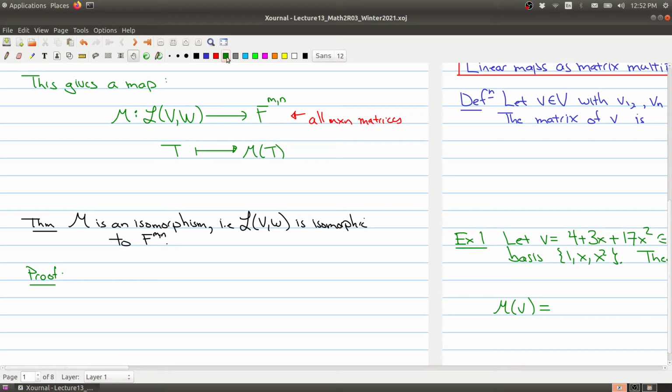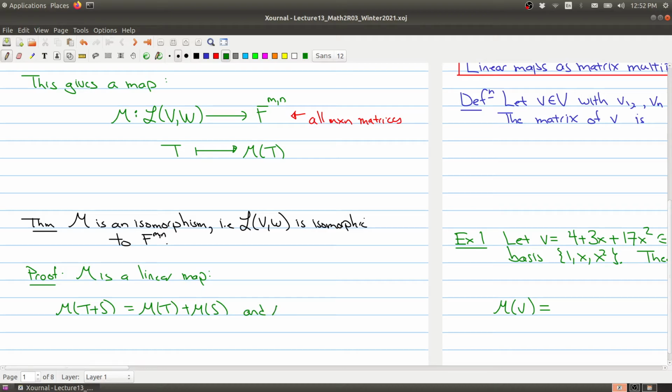So first you have to show that M is a linear map. But this actually isn't so hard, because this follows from what we've seen before, namely that if you take the sum of two linear maps, that's the same thing as taking M evaluated at T and M evaluated at S. So this matrix on the left side is the sum of the two matrices on the right side.